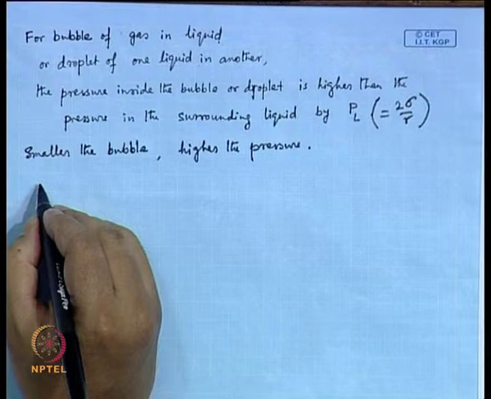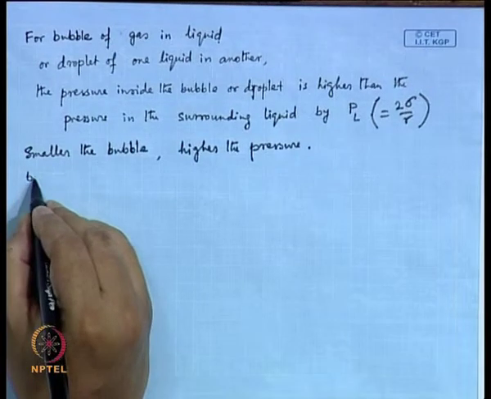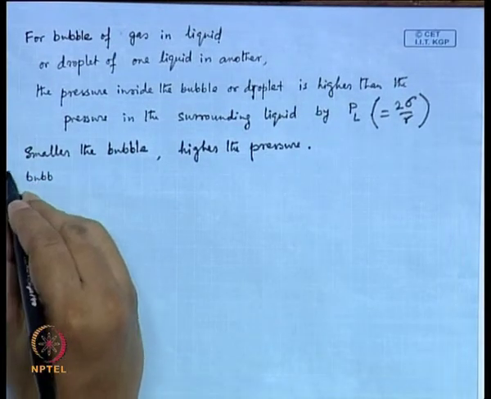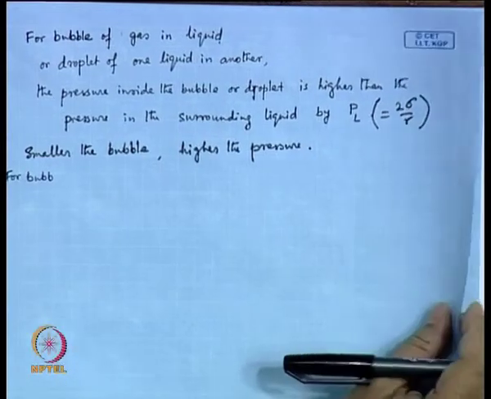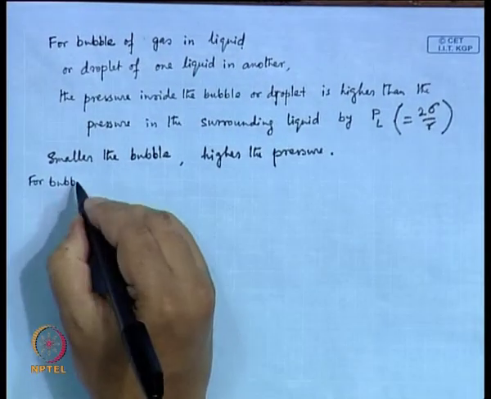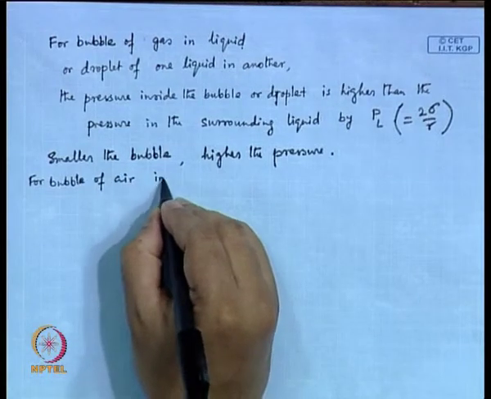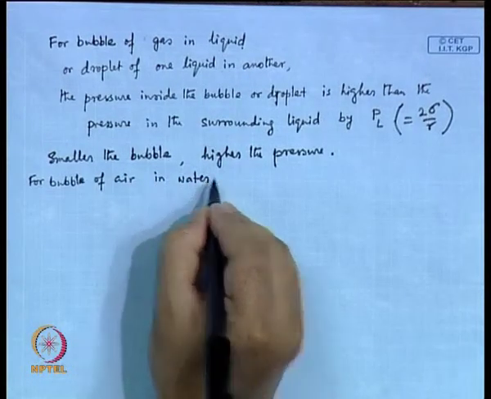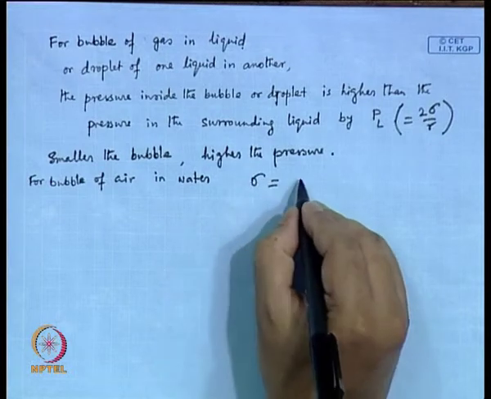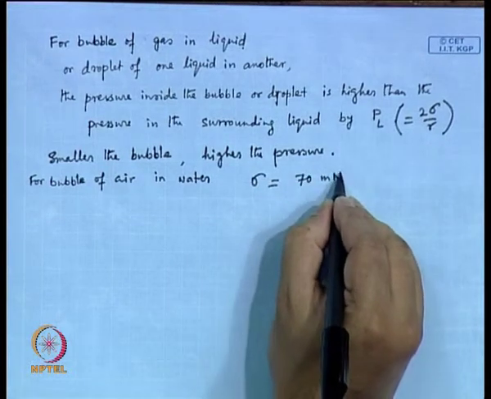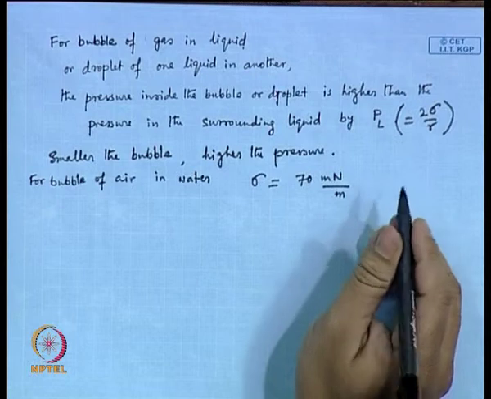So, if somebody assumes a bubble of air in water, you can assume sigma to be equal to 70 millinewton per meter. All right.